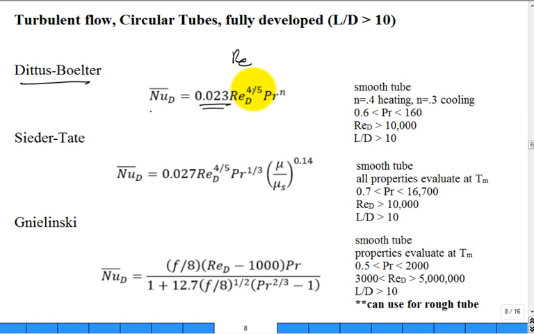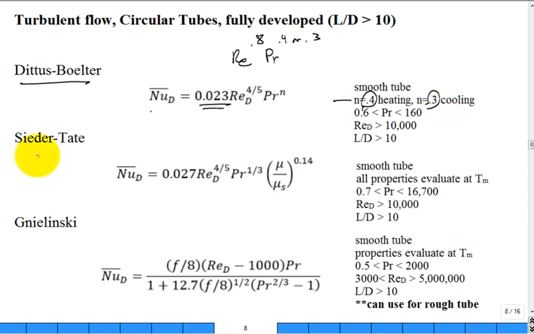Reynolds to the 4/5, that's 0.8. Prandtl, now Dittus-Boelter, when they did it, they said, well, it looks like it's more like 0.4 or 0.3, depending on if it's heating or cooling. But if you had to round it off, you just say 1/3. You're going to be close. But 0.4 or 0.3, depending on if the fluid's being heated or the fluid's being cooled.